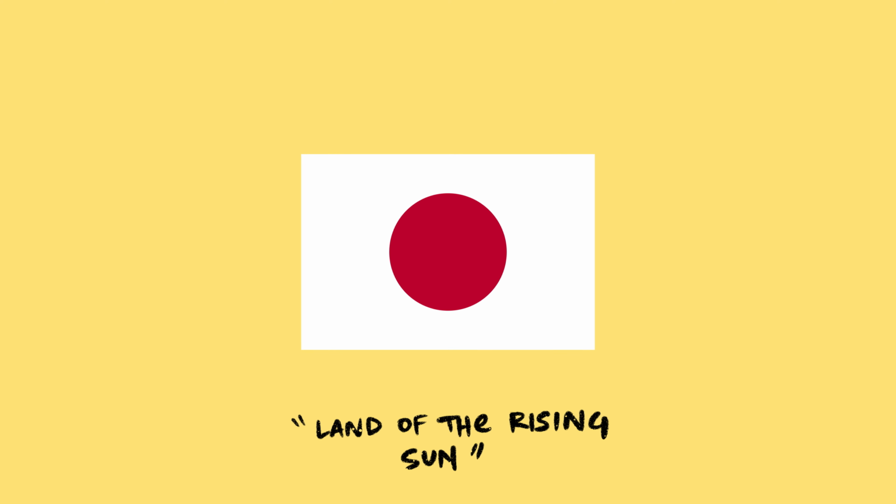Take the flag of Japan, for example. They made a decision right there to represent the sun with just a single red circle in the middle. That's the land of the rising sun. That is the idea that they're trying to communicate, and they could have done it 1,000 ways. They could have drawn a mountain and put a sun in the middle and said, man, that is the design right there.